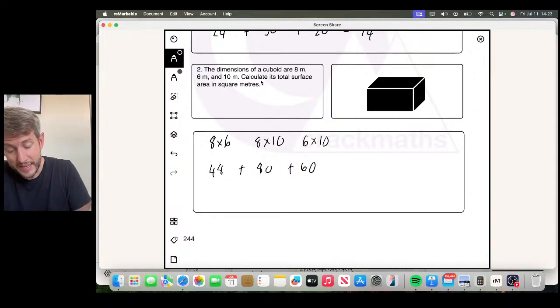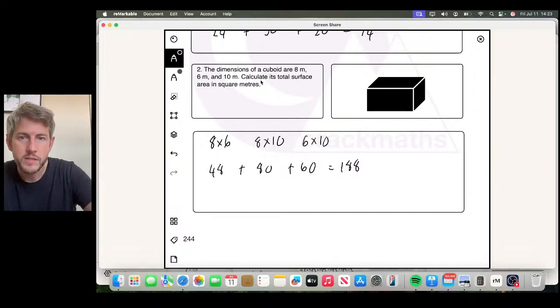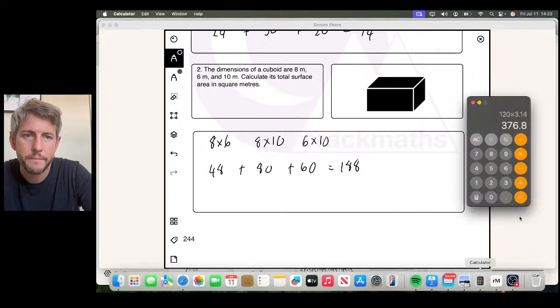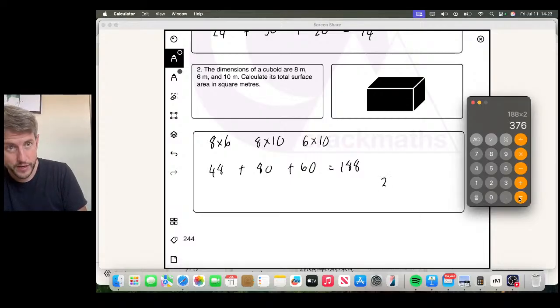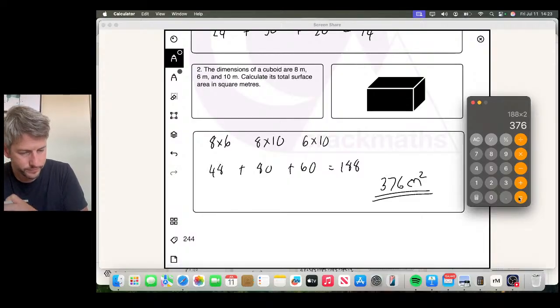Add the 80 equals 188. Then there's 2 of those, so we need to double this number. I'm just going to get the calculator out for that. So 188 times 2 equals 376. And this is meters squared this time. And it's the surface area because we found out the area of each rectangle.